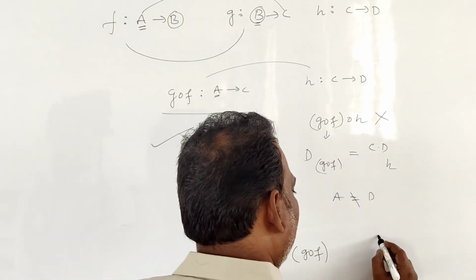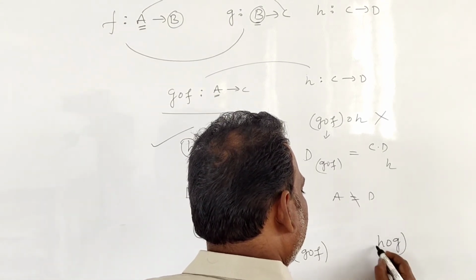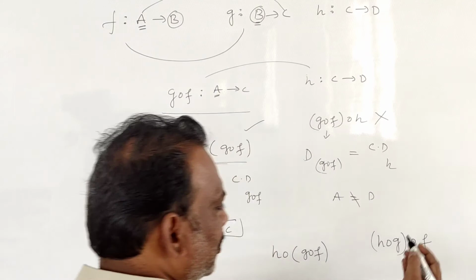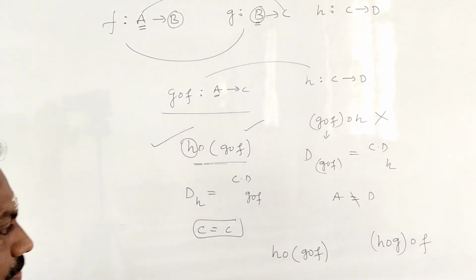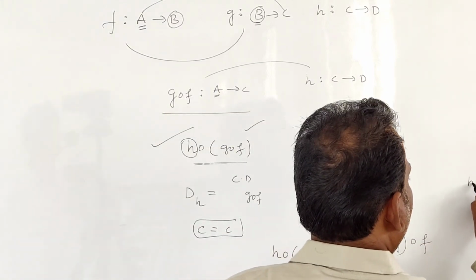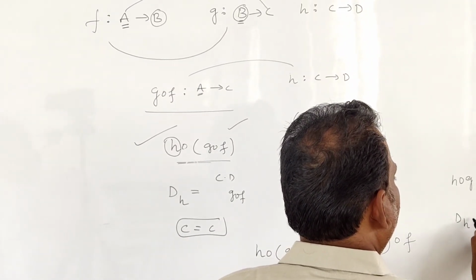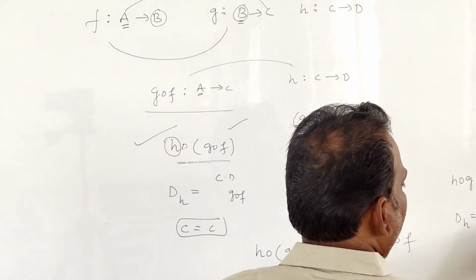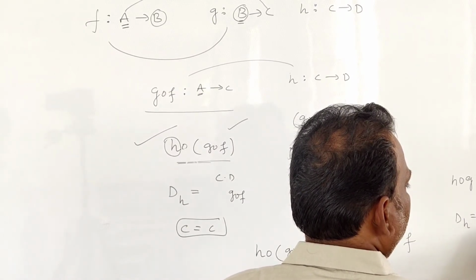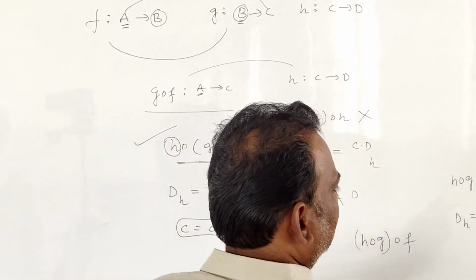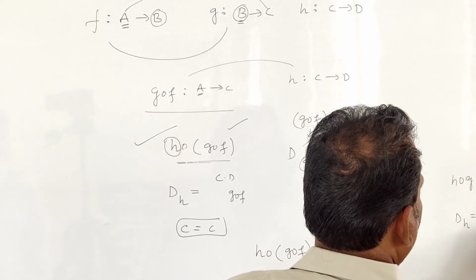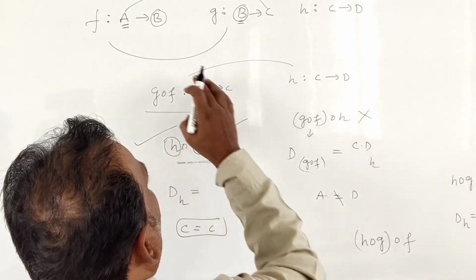Or we can write one more also: H circle G circle F. This is also possible. Check it here. When H circle G is possible, the domain of H is equal to the codomain of G. What is the domain of H here?